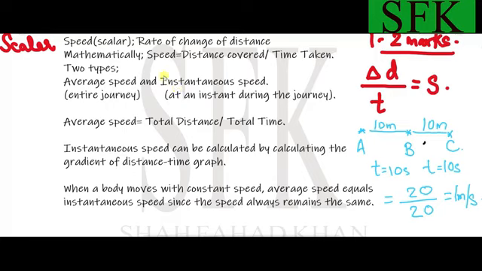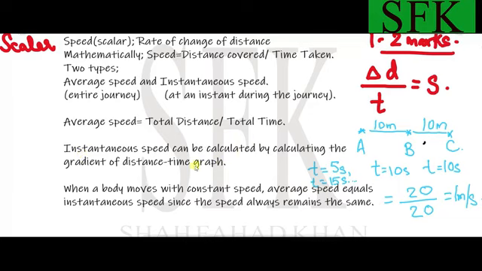Whereas the instantaneous speed cannot be calculated directly from a formula, but rather it is calculated from the distance time graph. The gradient or the slope of the distance time graph represents the speed, right? So if we need to find the instantaneous speed, for example, the speed at time equal to 5 seconds, or the speed at time equal to 15 seconds, etc., we can just calculate the gradient of the distance time graph that we are going to sketch.